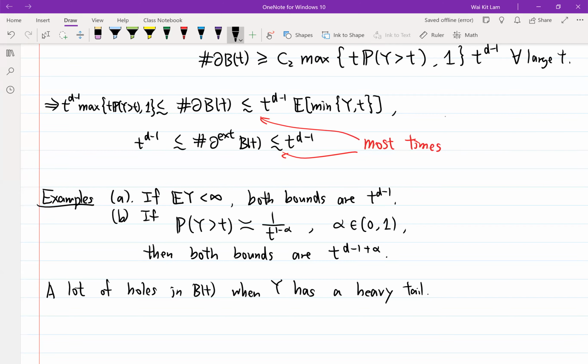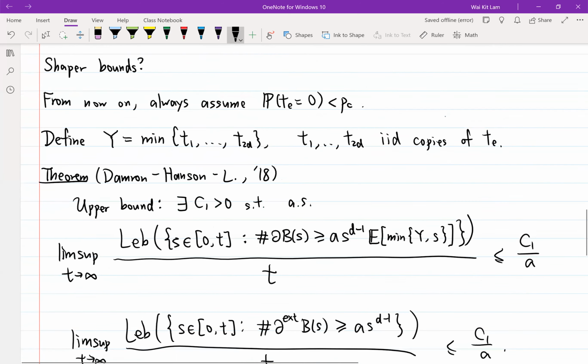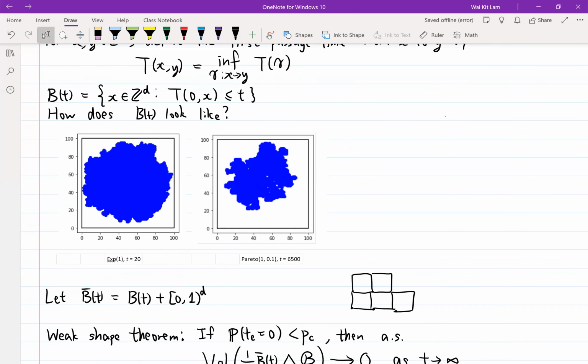Actually, this can also be seen from the simulation pictures I showed in the beginning. For the exponential distribution, you couldn't see many holes. Just look at this picture, you couldn't see holes. And I think there should be some holes, but because the picture is too small, you couldn't see any holes. But for a heavy tail distribution like the Pareto, you see that there are some holes present.